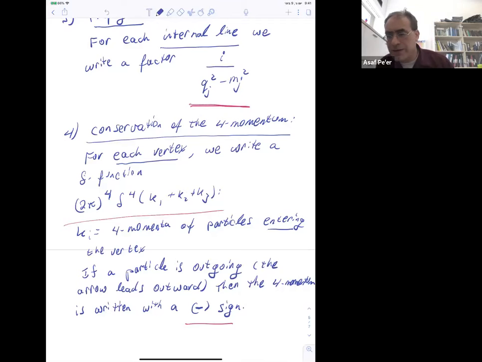Of course, the delta function here ensures that we have conservation of energy and momentum at each vertex.